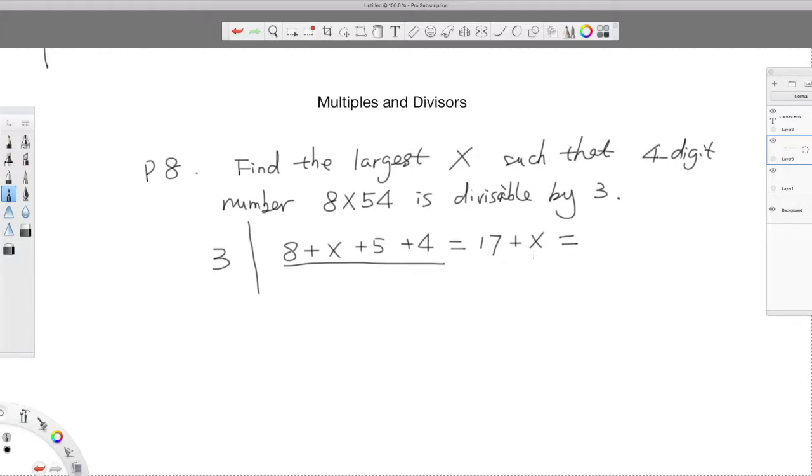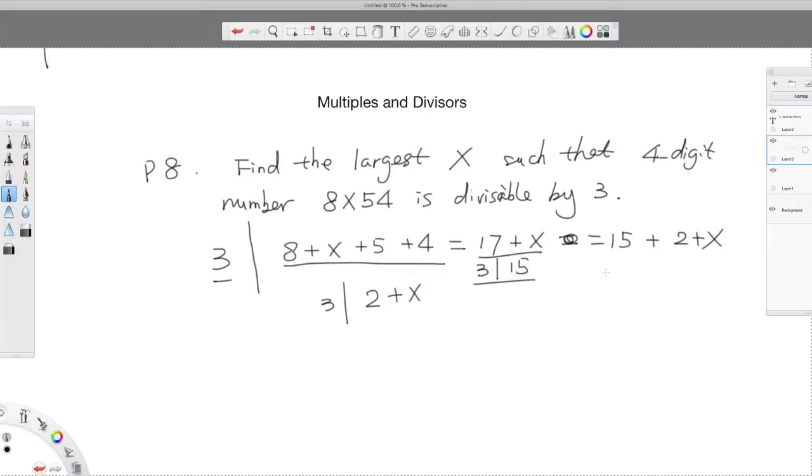And if 17 plus x is a multiple of 3, you can take out all the multiples of 3 there. It equals 15 plus 2 plus x, because 15 is a multiple of 3.